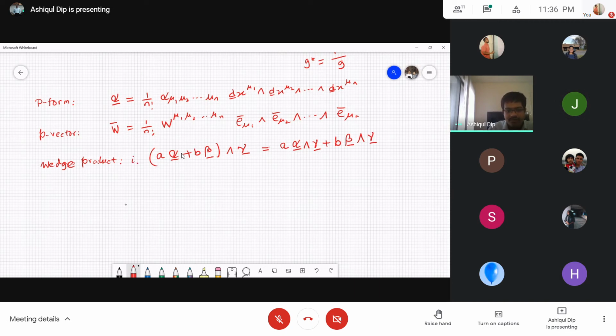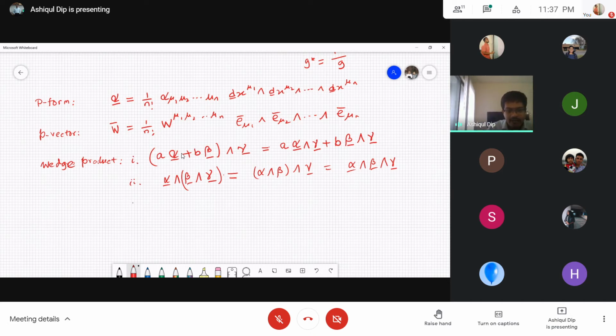What else? Associativity. Alpha wedge beta wedge gamma, so you can do any part earlier, any part later, doesn't matter. Unlike the cross product, we do not have that confusion about which part you have to do first.